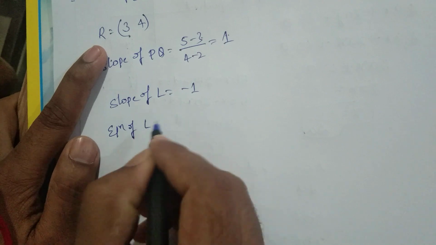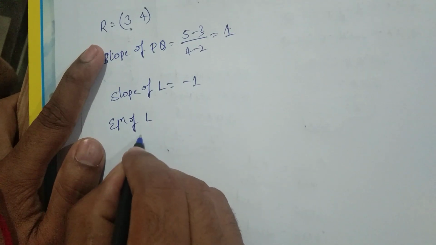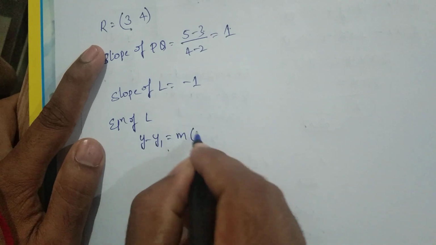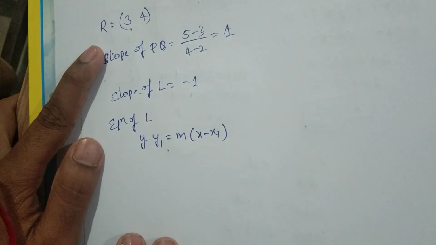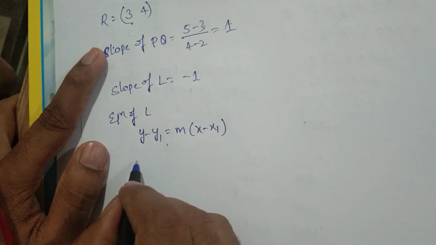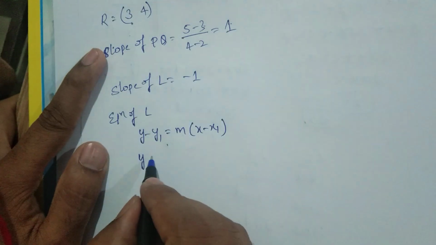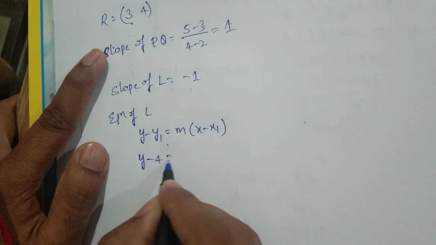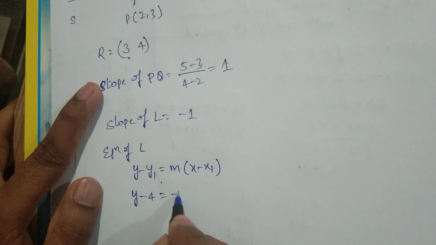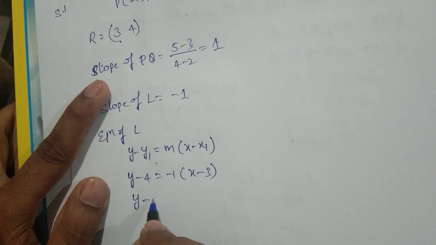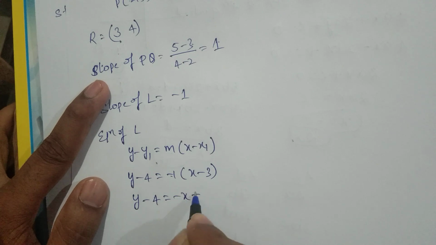The equation of L is y minus y1 equal to m into (x minus x1). Here y1 is 4, m is minus 1, and x1 is 3. So y minus 4 equals minus 1 times (x minus 3), that is minus x plus 3.